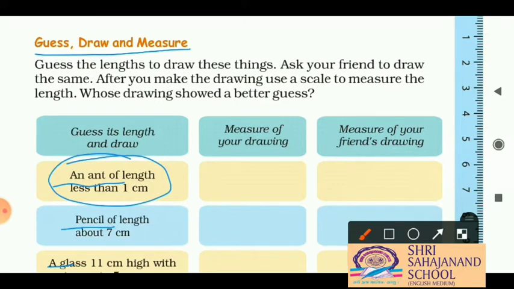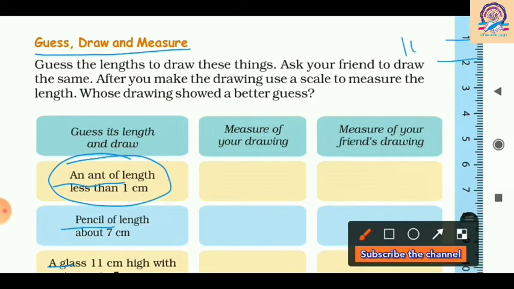You can see this is the length of 1 centimeter, 1 and 2. So by guessing you have to draw an ant less than 1 centimeter. For example, I have drawn a length that is less than 1 centimeter.